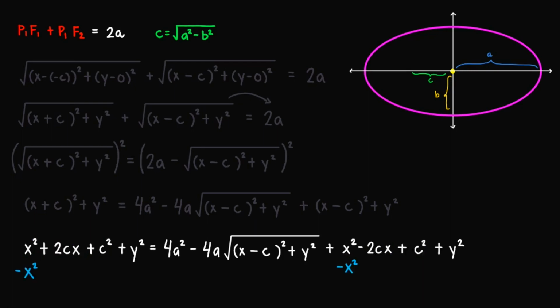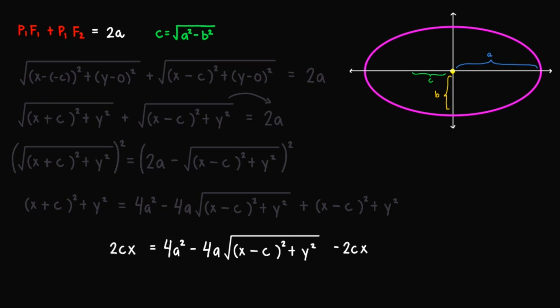So we can subtract x squared both sides, as well as c squared, and as well as y squared. So these would cancel out and we'll be left with this, and let's compress this one. So we have 2cx equals 4a squared minus 4a times the square root of x minus c squared plus y squared minus 2cx. So this is what we have so far.